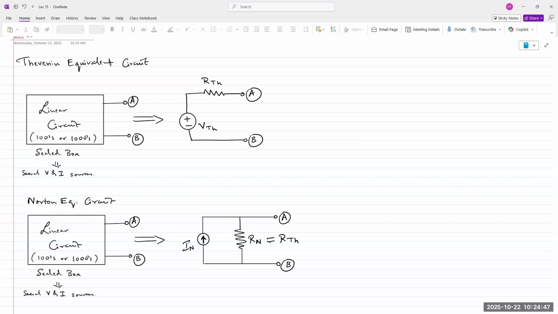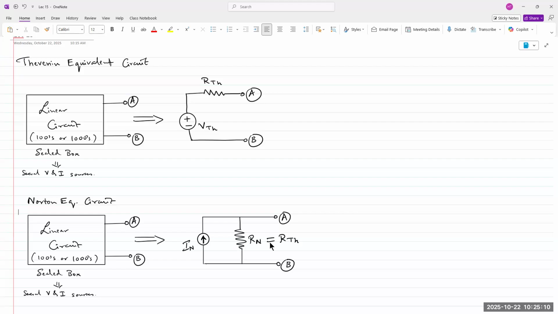Okay, and that is the Norton equivalent circuit. Again, Rn or RTH is the same thing. If we found Thevenin resistance earlier, that's the same thing as the Norton resistance in the Norton equivalent.